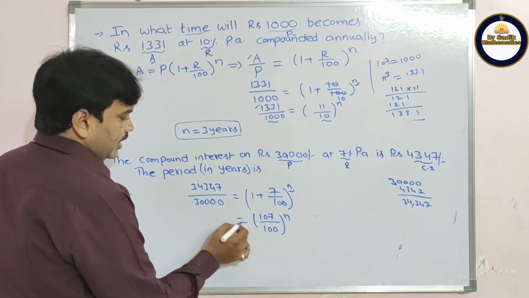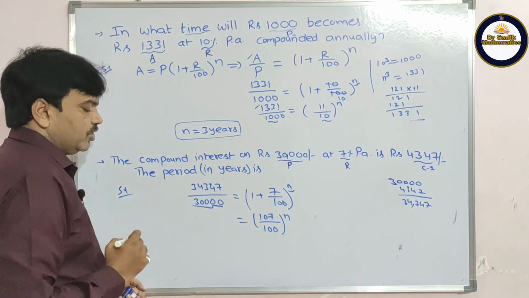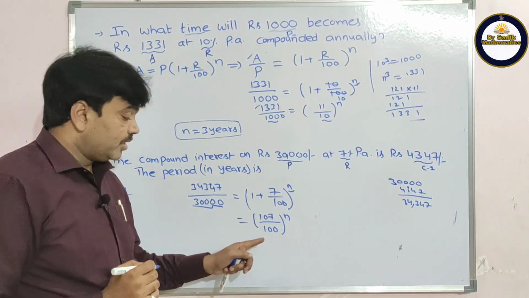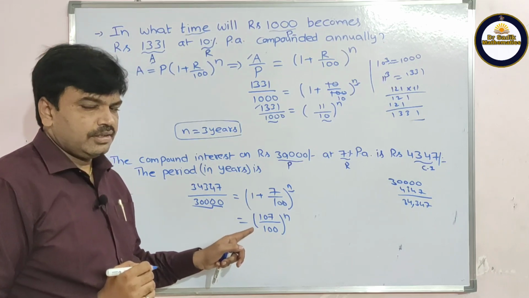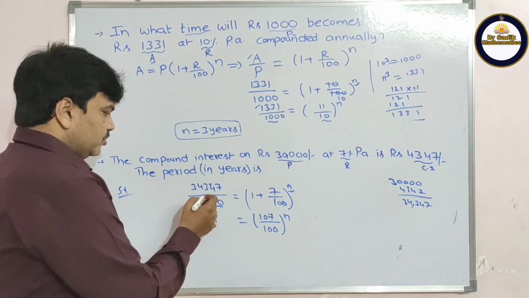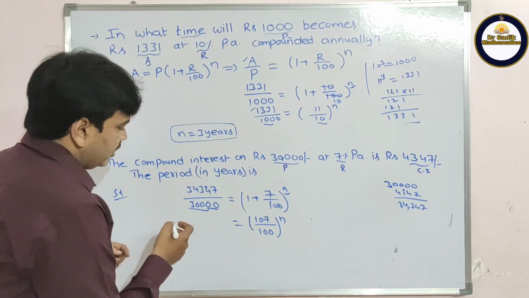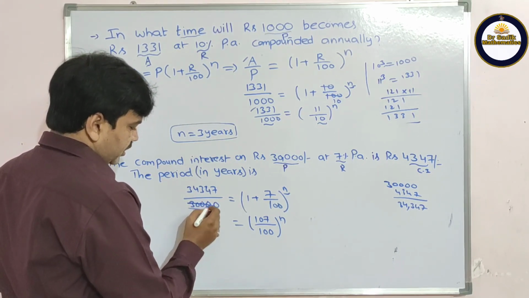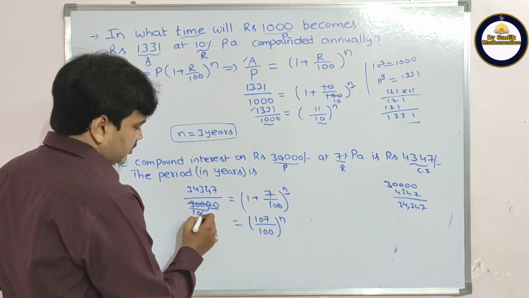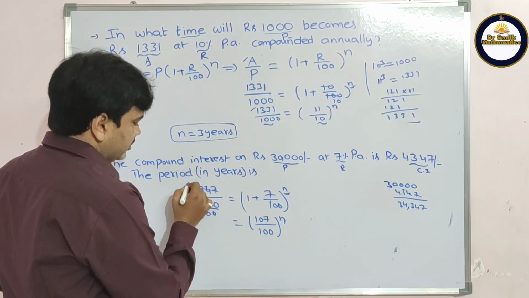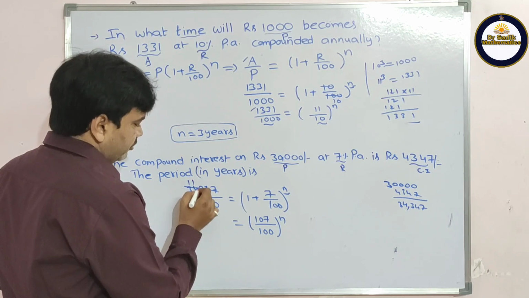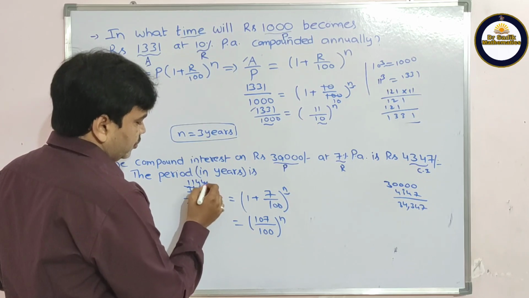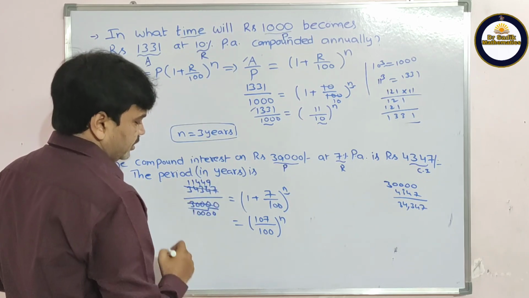So here I observe the denominator, friends. I have 30,000 here, but I have 100 here. So I want to find a common factor here. So 3 table in 30,000 we get 10,000. 3 table here, friends: 3 1s are 3, 3 3s are 9, 4 3s are 12, 3 7s are 21, 3 9s are 27.